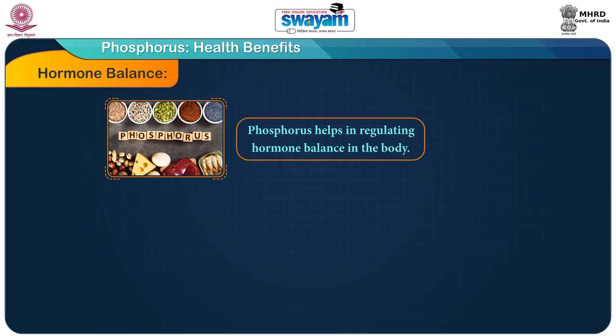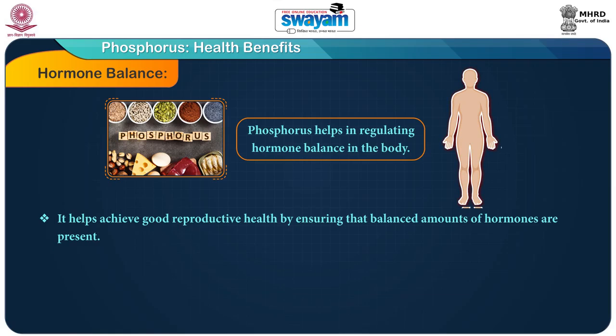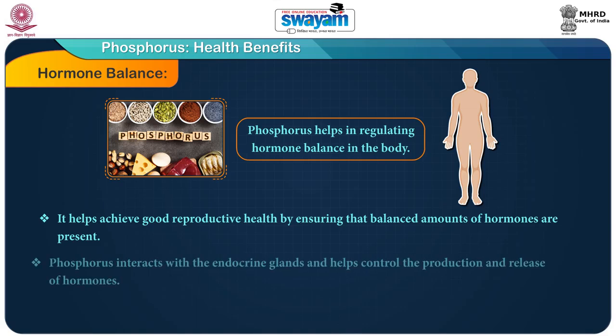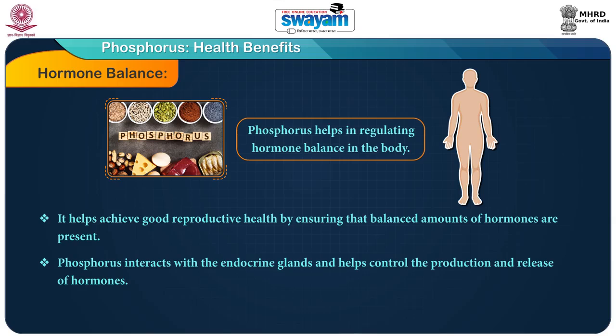Phosphorus helps in regulating hormone balance in the body. It helps achieve good reproductive health by ensuring that a balanced amount of hormones are present. Phosphorus also interacts with the endocrine glands and thereby it helps to control the production and release of hormones in the body.